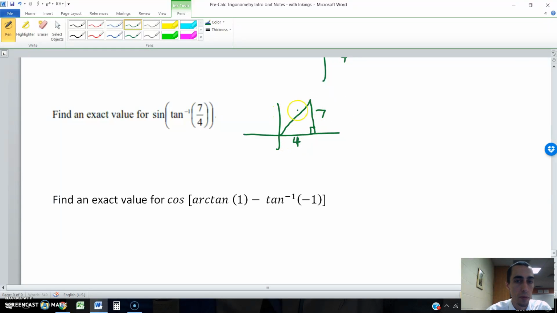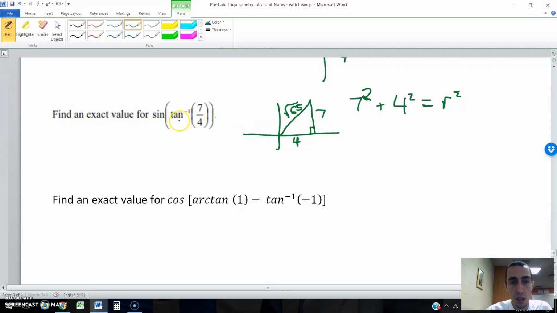Do the Pythagorean theorem. 7 squared plus x squared, 7 squared plus 4 squared equals the hypotenuse squared. Just call that r squared. Add these two together, square root them, you'll end up with the square root of 65 as this hypotenuse.